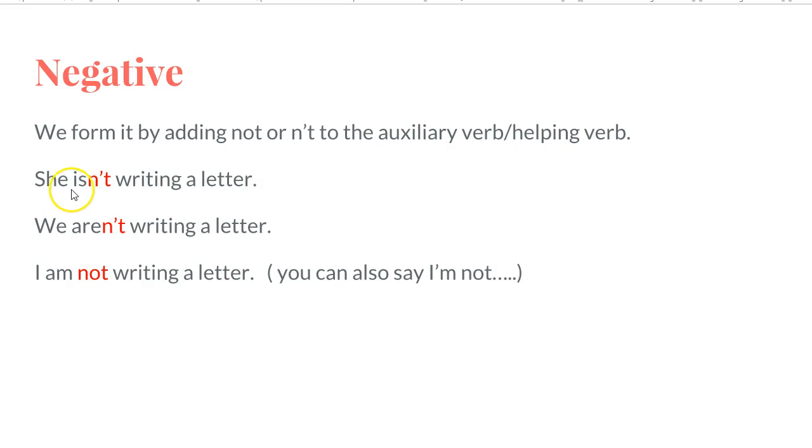So, if the affirmative sentence is she is writing a letter, the negative form is she isn't writing a letter or she is not writing a letter. We aren't writing a letter. I am not writing a letter. You can also say I'm not. So we just delete the A and put an apostrophe and the M.